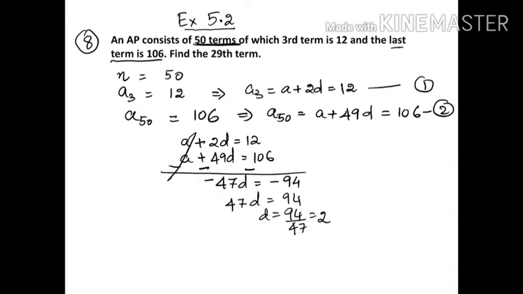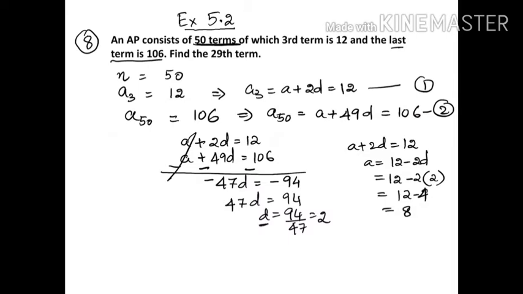Now we can substitute the value of d in one of the equations. Say the first equation. So a + 2d is equal to 12. So a is equal to 12 minus 2d. Substituting the value of d, we get a equal to 8.